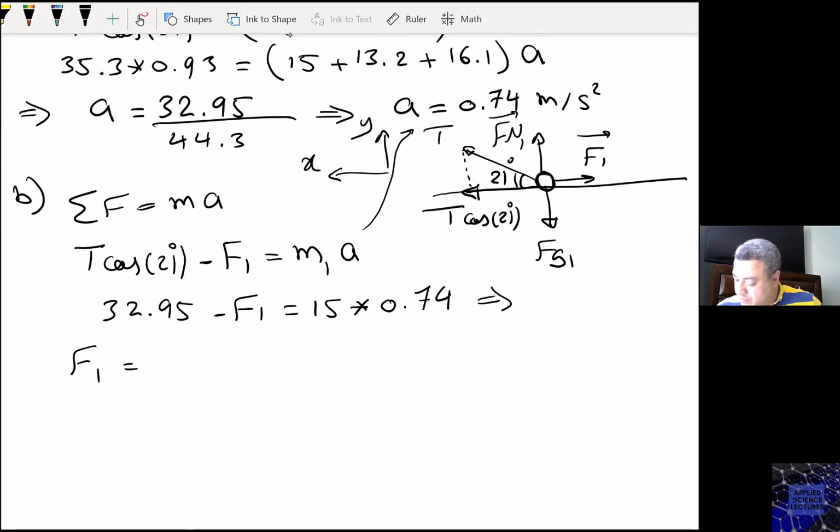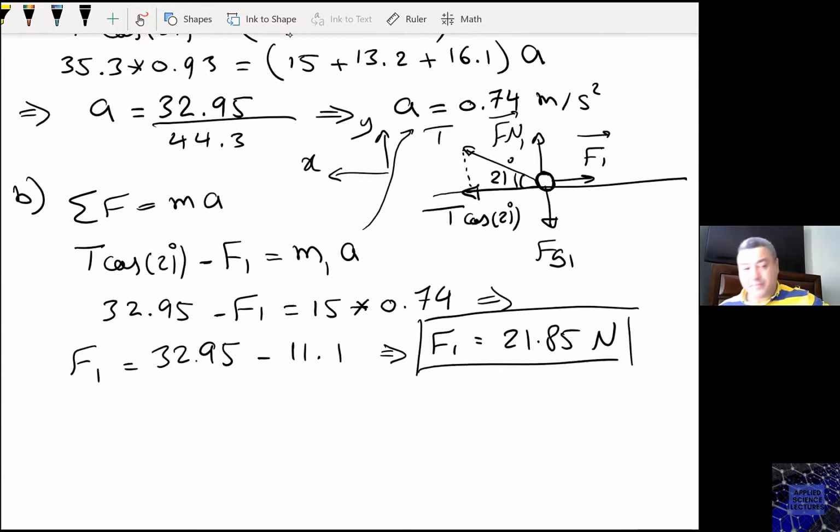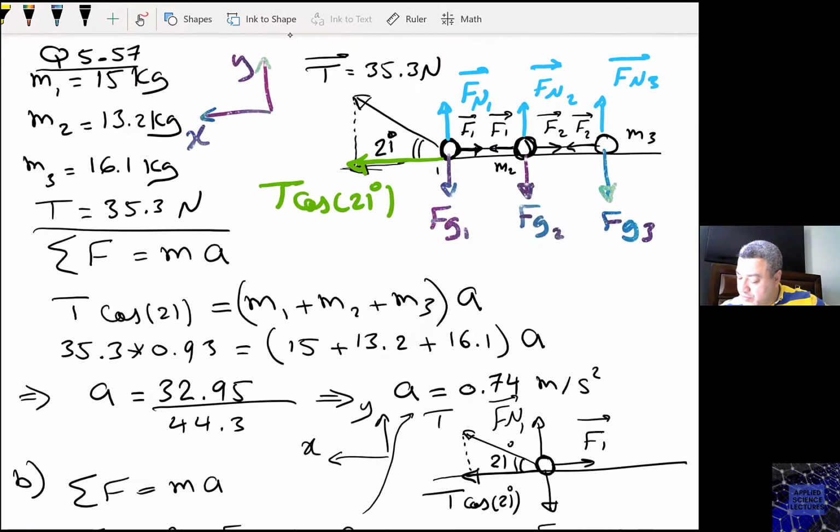F1 equals 32.95 minus 15 times 0.74, which is 11.1. This means F1 is 21.85 Newton. So this is the tension force between cart number 1 and cart number 2.